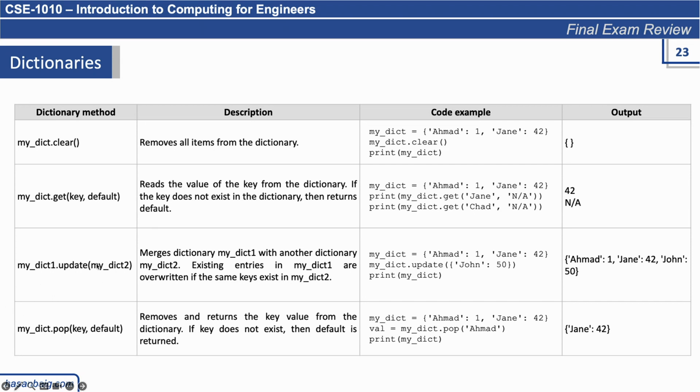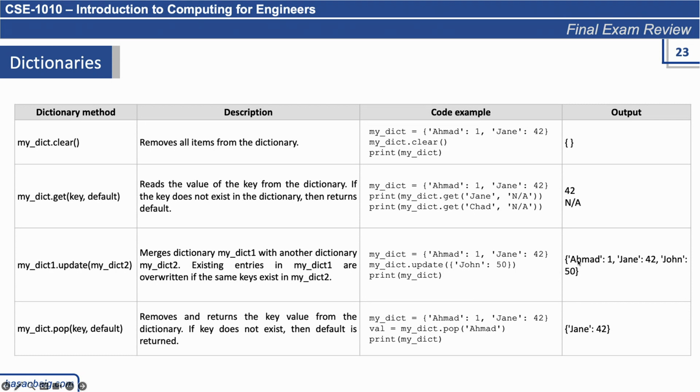Same, my dictionary 1 update my dictionary 2. We had an exercise associated with that. It will add the elements of my dictionary 2 into the elements of my dictionary 1. So here is an example. You can update with the new dictionary John 50.